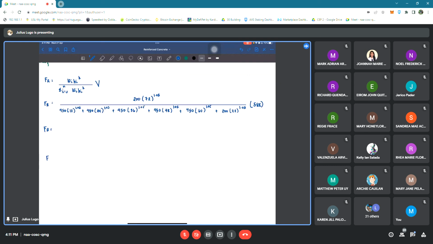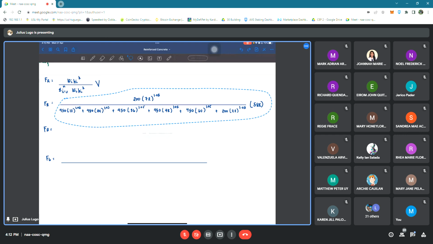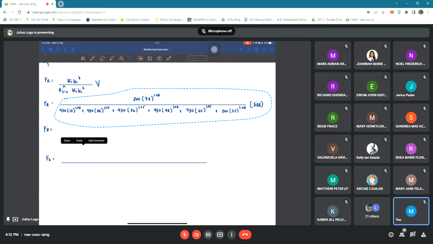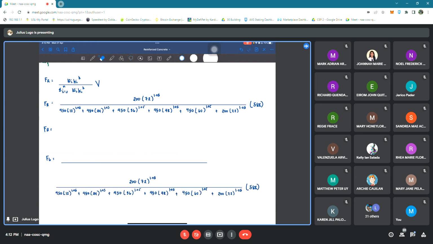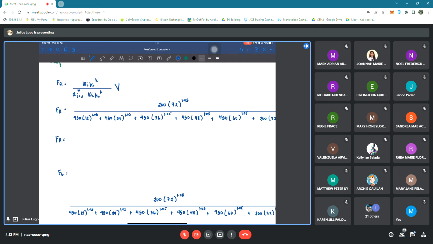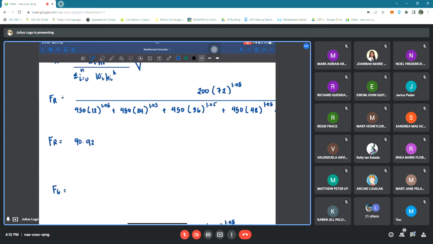So for the F6 naman, we have 450. Actually, copy nyo lang naman yun, tapos tatanggalin nyo lang yung roof kasi we are floor 6 na. So, copy ko lang to. $90.92. Okay, so here is 90.92 kilopounds.